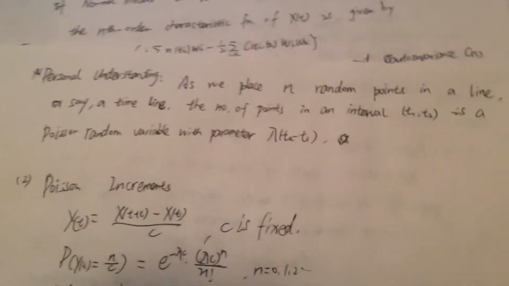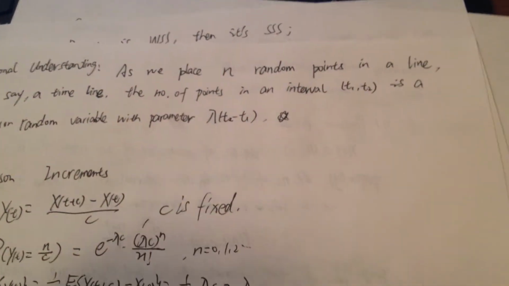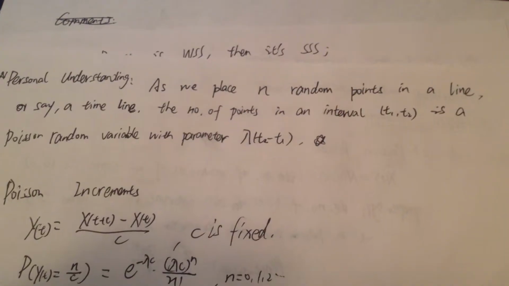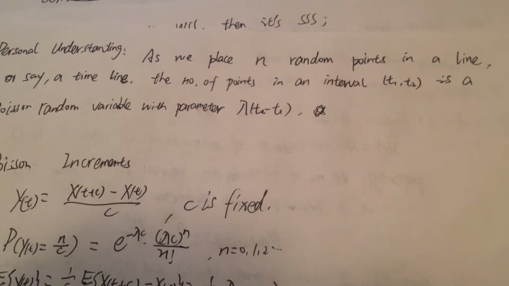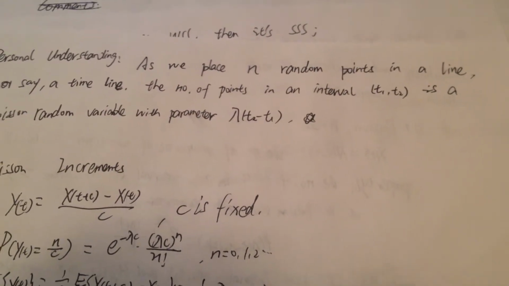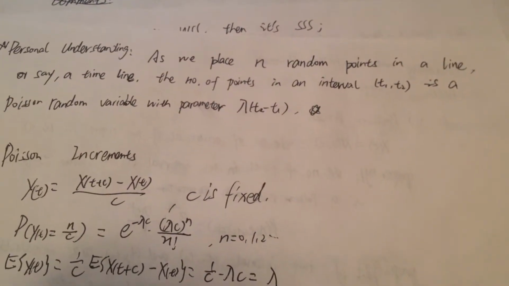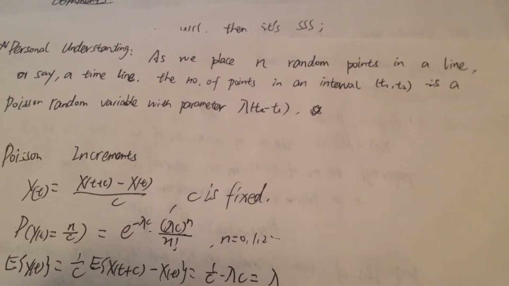My personal understanding is that as we place n random points on a line, say a timeline, the number of points in an interval t1 to t2 is a Poisson random variable with parameter lambda times (t2 minus t1).